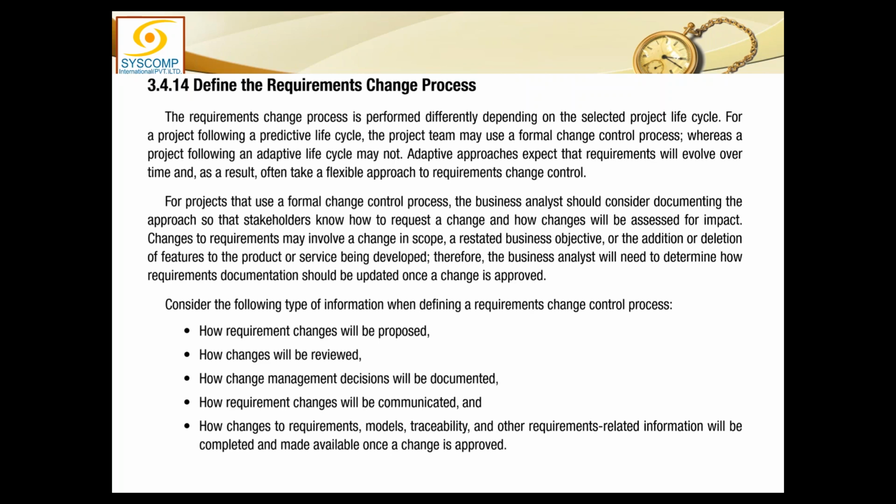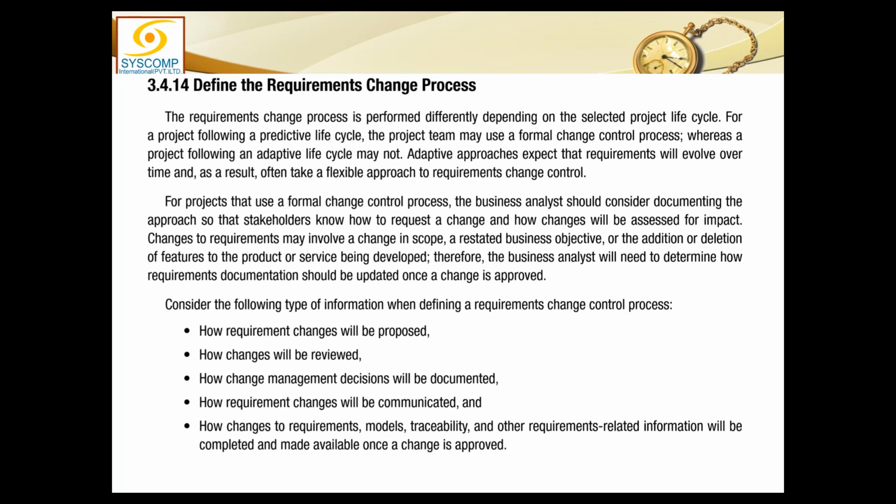Changes to requirements may involve a change in scope, a restated business objective, or the addition or deletion of features to the product or service being developed. Therefore, the business analyst will need to determine how requirement documentation should be updated once a change is approved. So if a change is approved, the plans must all be amended wherever it is impacting.